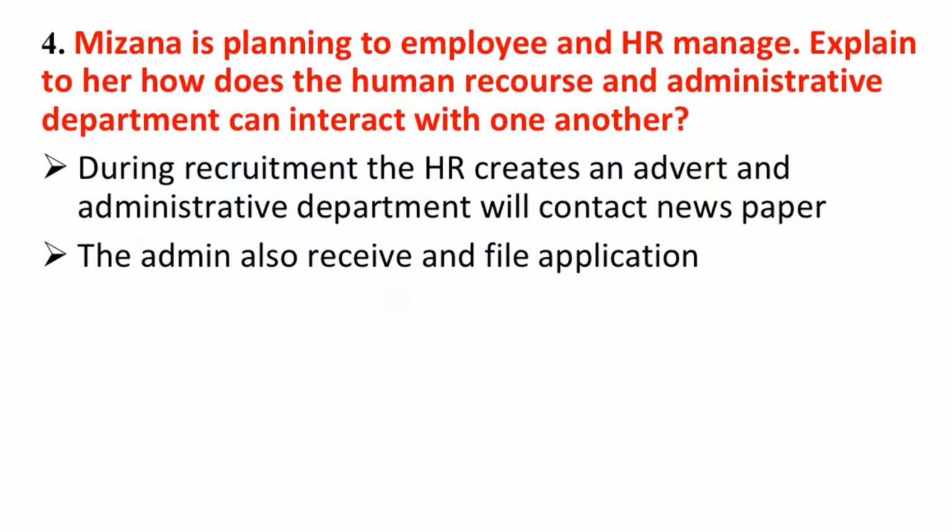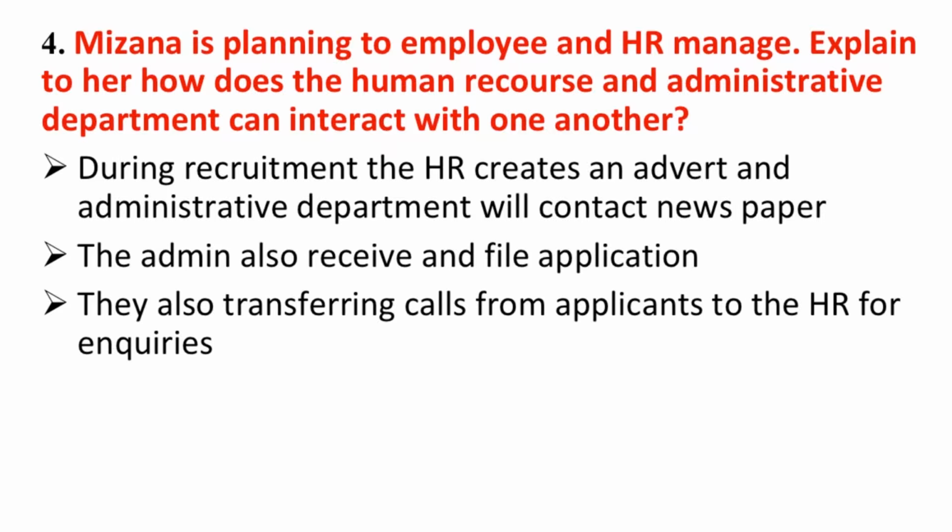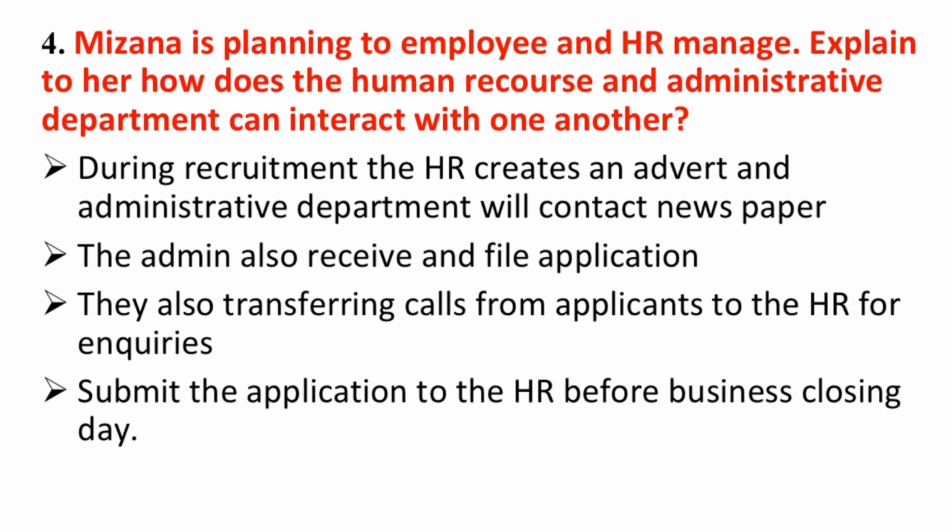Secondly, the admin also receives the applications. Thirdly, they also transfer calls from the applicants to the human resource department for any inquiries. They submit the applications to the HR before closing day. So they work as a team within an organization.